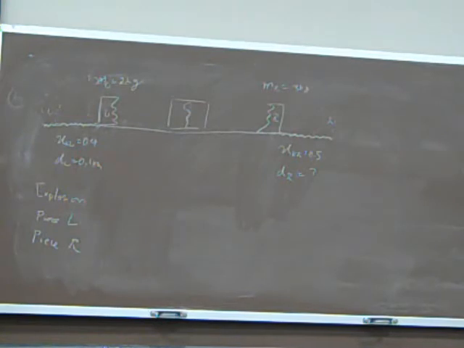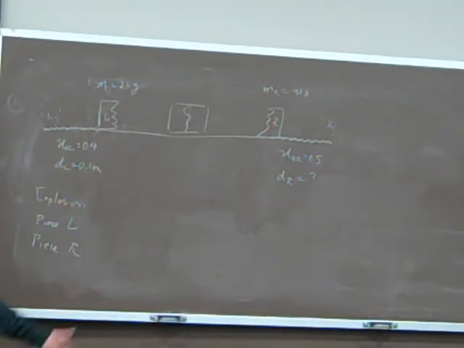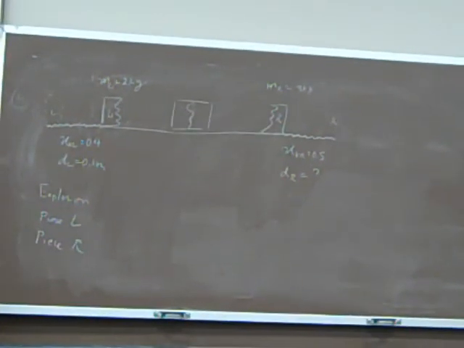For the explosion, of course, we are going to use momentum conservation. For piece L and piece R, what equation should be used? A slowing down process usually means total energy conservation, because they have frictional force, so it cannot be mechanical energy conservation.